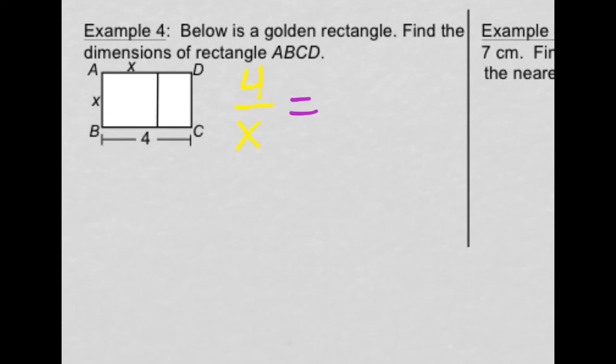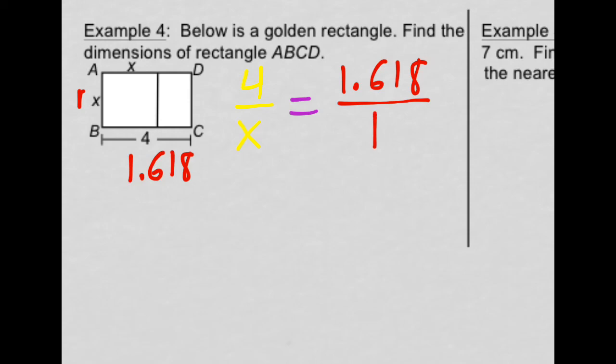We know that in a golden rectangle, the long part of the rectangle is 1.618, and the short part of the rectangle is 1, right? So we're going to set the ratio of the rectangle that we're working with as 4 over X, and we're going to set that equal to our golden ratio, because we know it's a golden rectangle.